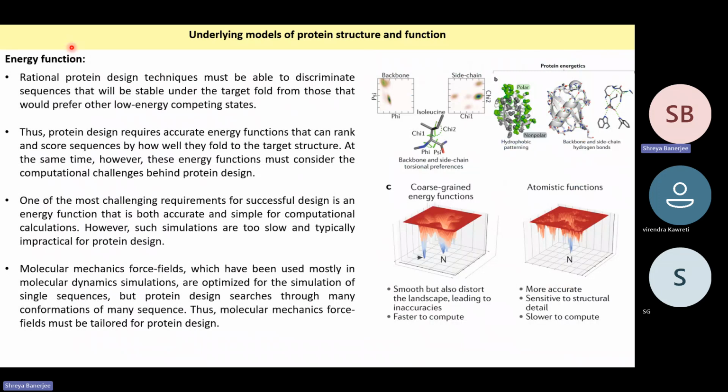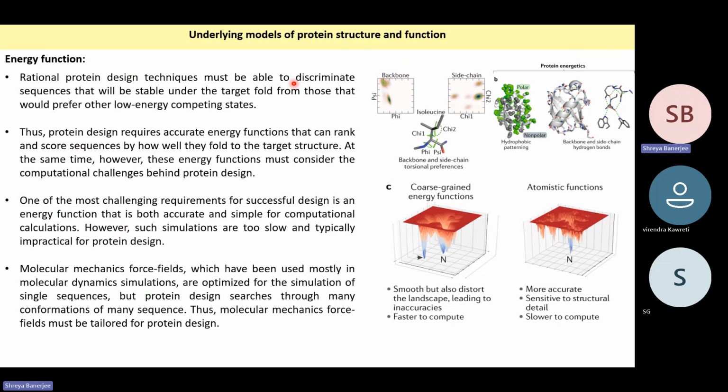Now we will look at the energy function. Rational protein design techniques must be able to discriminate sequences that will be stable under the target fold from those that will prefer other low energy competing states. Suppose this is the folding funnel, the folding energy landscape of the protein. We want a three-dimensional structure, which is here, suppose the native structure.